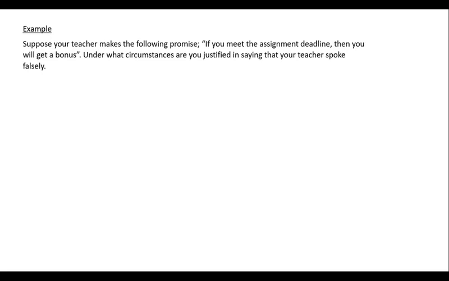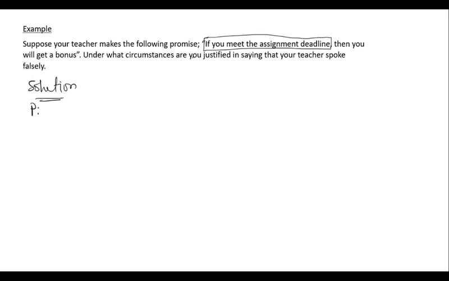So first of all, let's break down this example that we have. Solution. Alright, so we have the teacher saying, if you meet the assignment deadline. Now this is one statement. If you meet the assignment deadline, this is a statement. Then you will get a bonus is also another statement.